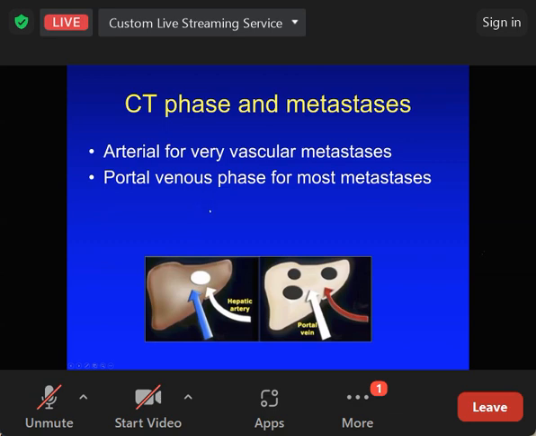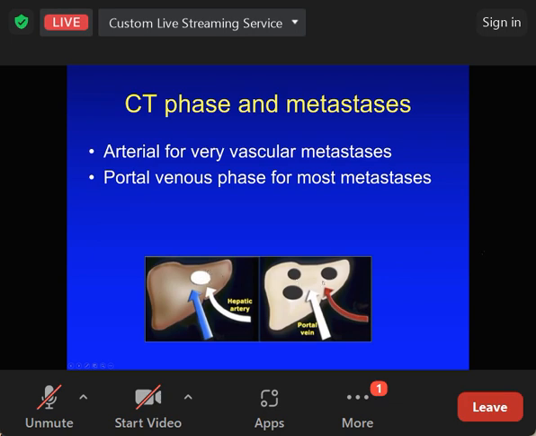So here's an example, a little schematic diagram. Here on the left, we've got the arterial phase in the liver, and this is the hepatic artery, and the white is the contrast. And here we've got a hypervascular lesion, probably a neuroendocrine tumor, or maybe focal nodular hyperplasia, really lighting up.